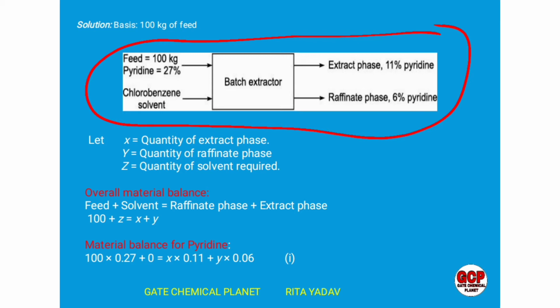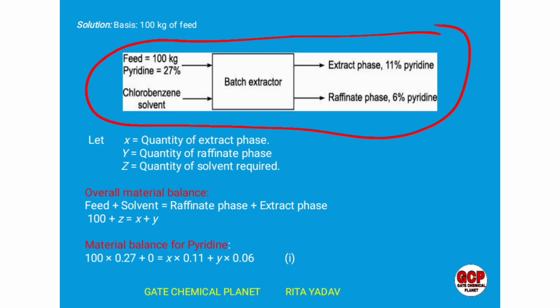So 100 kilograms of feed containing pyridine, how much? By weight it is 27%. Okay, and chlorobenzene is the solvent here. After separation we are getting two layers.